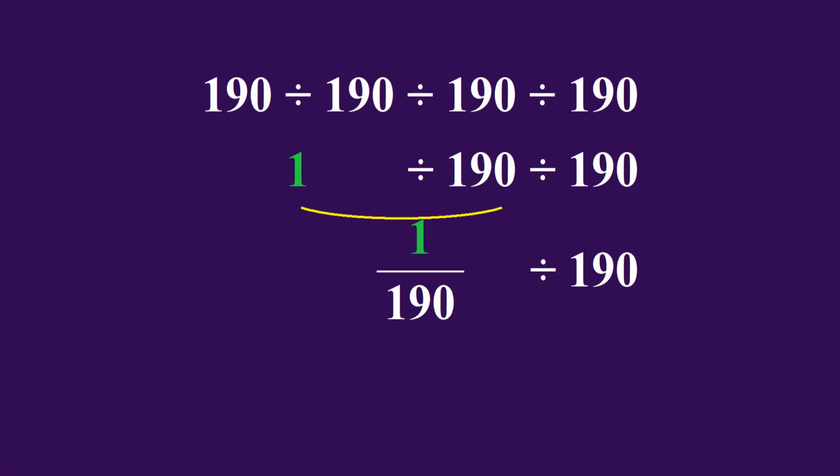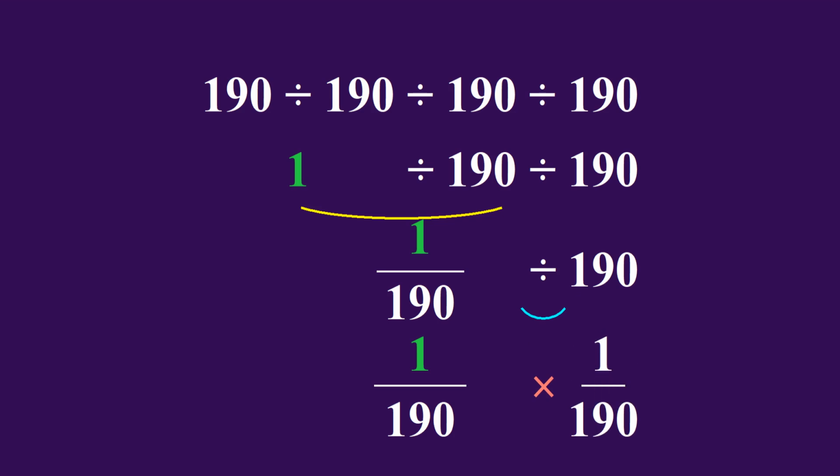So we must keep the first fraction 1 over 190 and change division to multiplication times, then flip the second fraction 1 over 190, which equals 1 over 36,100. And this is our final answer for this problem.